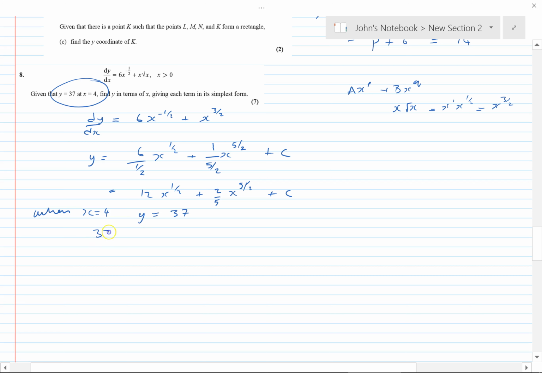So we've got 37 is equal to 12 times 4 to the half plus 2/5 times 4 to the 5 over 2 plus c. 4 to the half is equal to 2, so that's 12 times 2, plus 2/5 times 4 to the 5 over 2, which is 2 to the power of 5, because the square root of 4 is 2. 2 to the power of 5 is equal to 32.